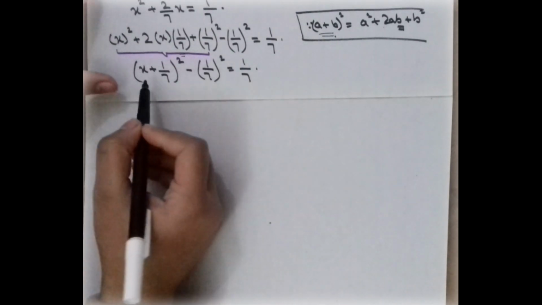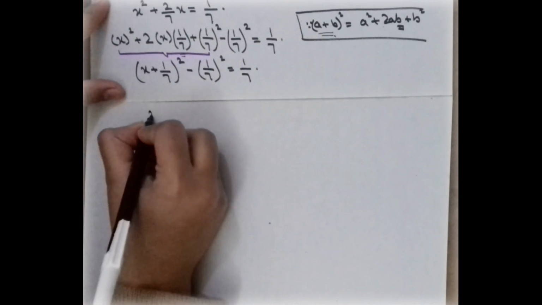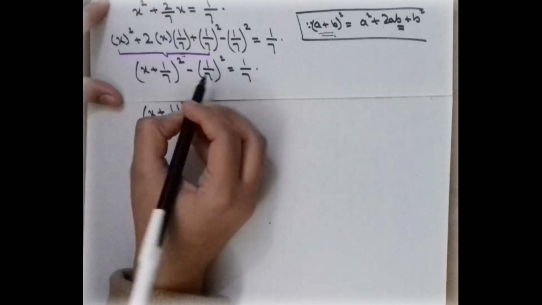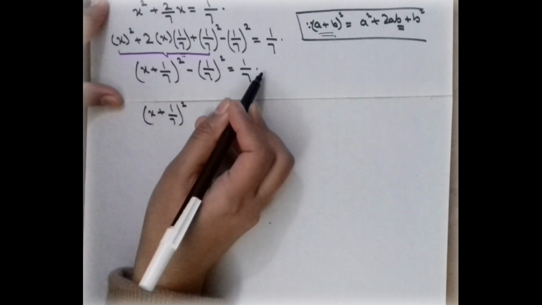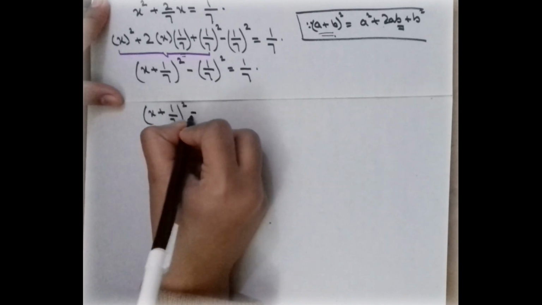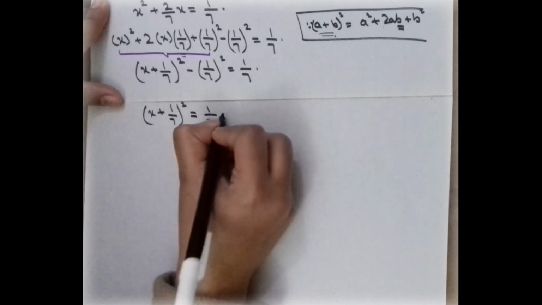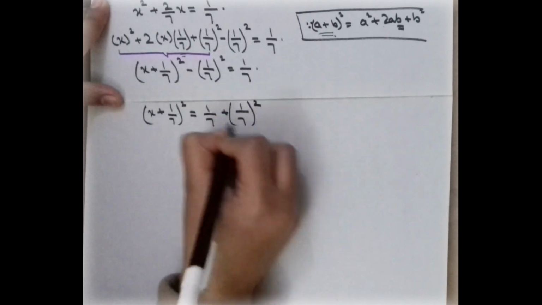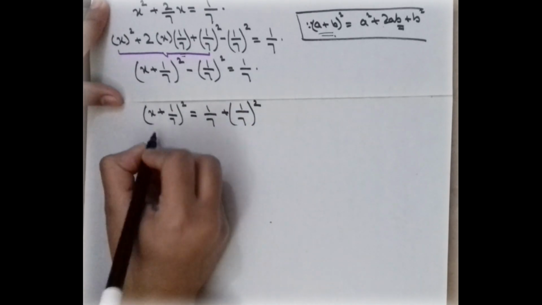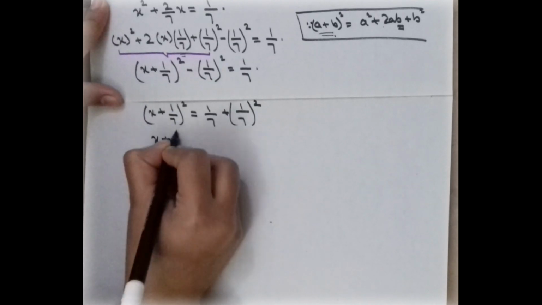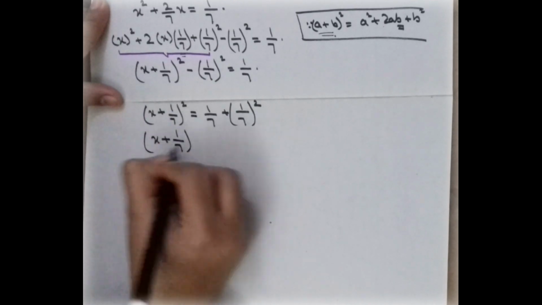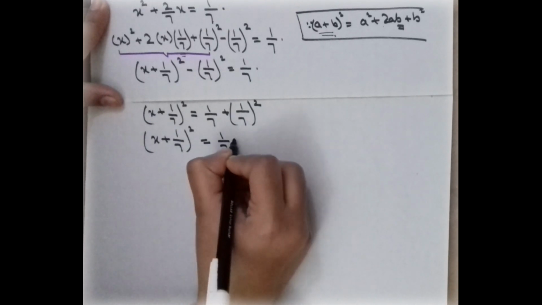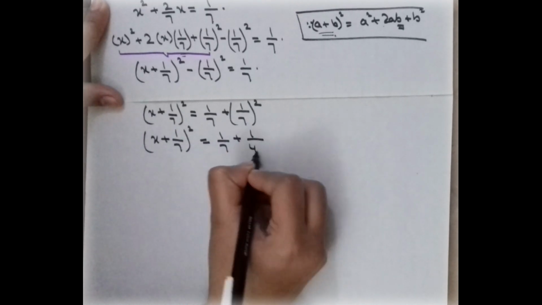Now the next step is to keep x plus 1 over 7 square and take the other term to the right hand side. So we can write here 1 over 7 plus 1 over 7 square. We are not opening this square, so we write it in the same way, 1 over 7 square, which equals 1 over 7 plus 1 over 49.